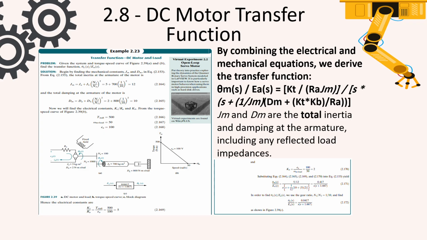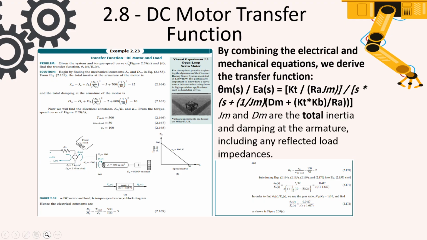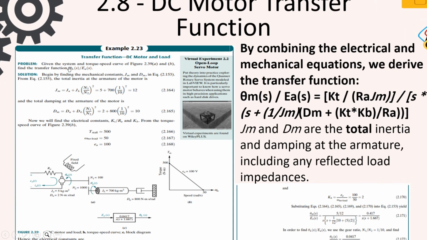These are our examples. For the DC motor and load, given the system and torque-speed curve figure, find the transfer function, angular displacement over E. Okay, moment of inertia Jm equals moment of inertia Ja plus moment of inertia JL multiplied by (N1 over N2) squared, which equals 5. This is from figure 2.39.